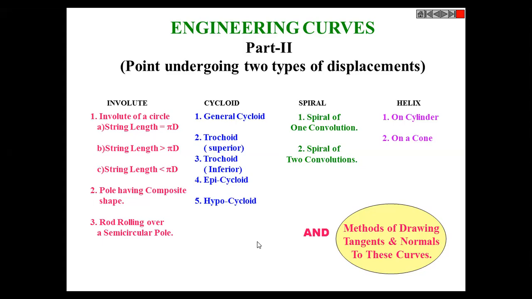Whereas in cycloidal, we have general cycloidal, then trochoid, superior one, inferior one, epicycloid, hypocycloid. How these vary among themselves, that we will discuss as and when it comes. Then we have spiral of one convolution and spiral of two convolutions. And the same as earlier, methods of drawing tangent and normal to these curves.